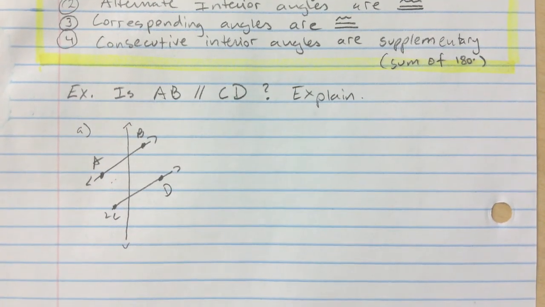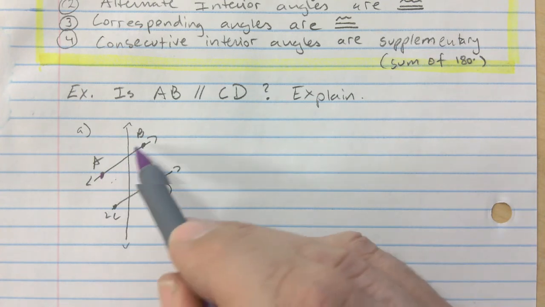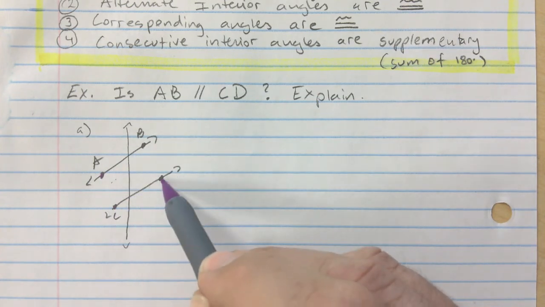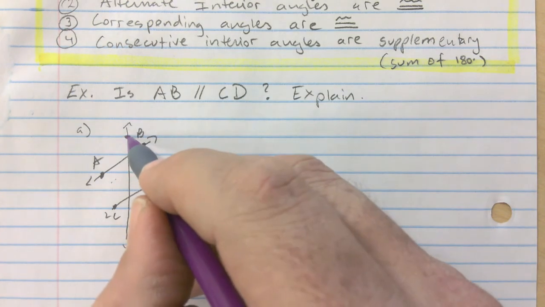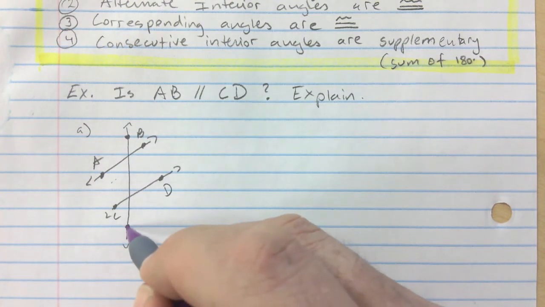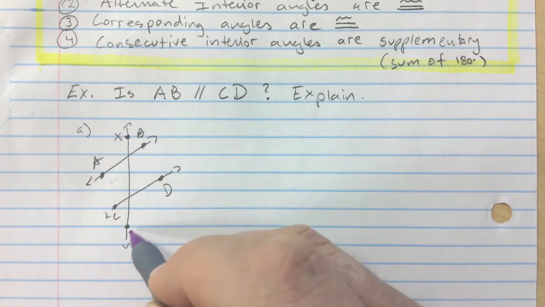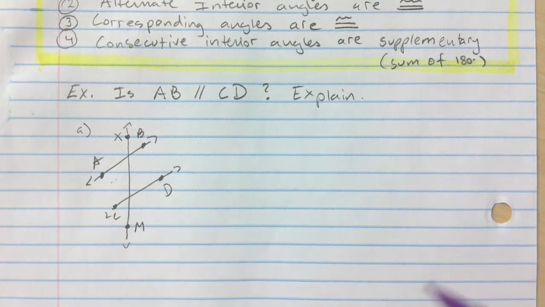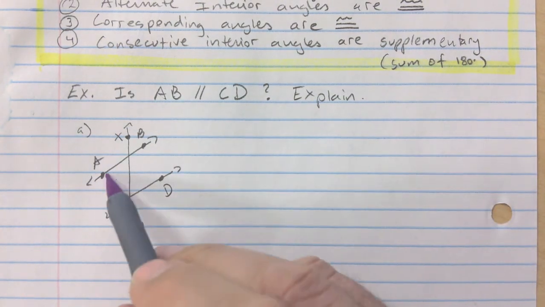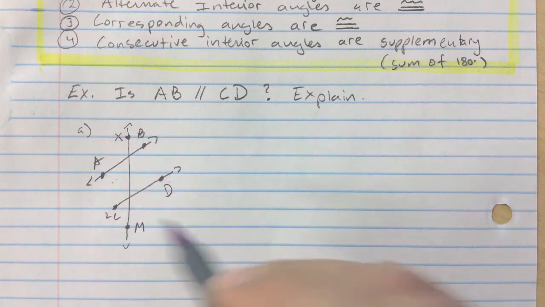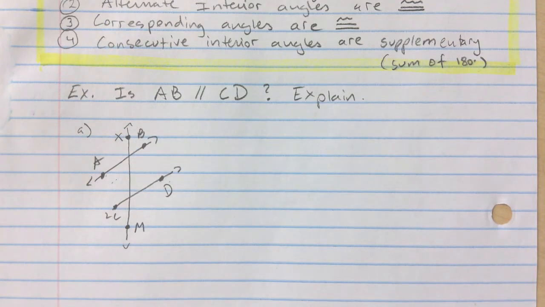My bad. So AB and CD, right? And then we're just going to randomly name this XM, just to break up the pattern. So AB, CD, and then XM, which is our transversal.